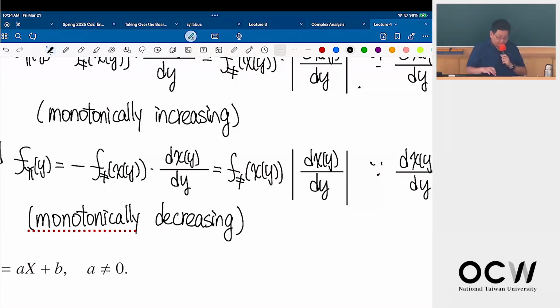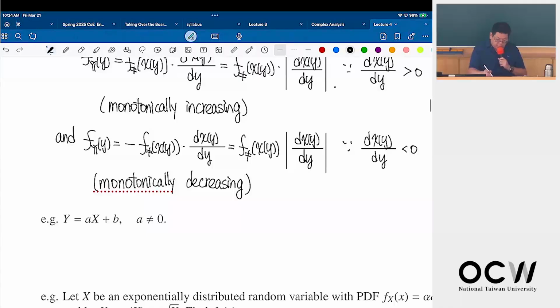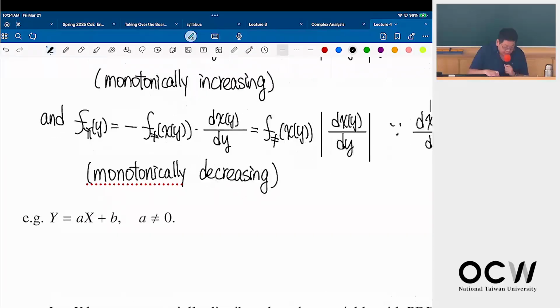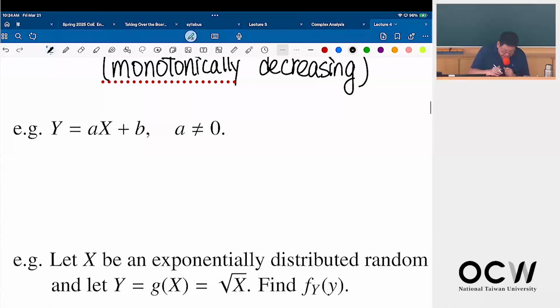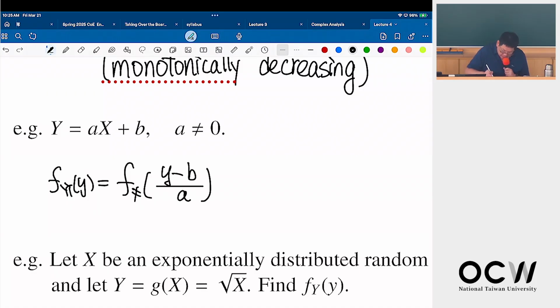So overall, y equals ax plus b, and we just say a is not equal to 0. It could be greater than or less than 0. Then my PDF of y is the PDF of x at y minus b over a times the absolute value of 1 over a.